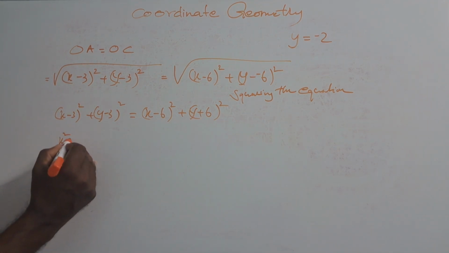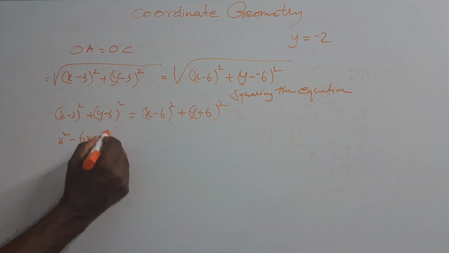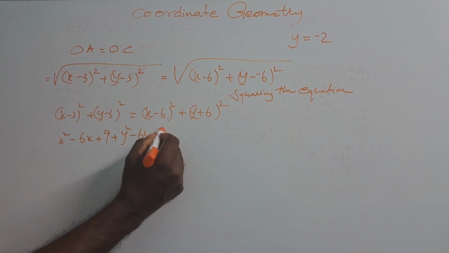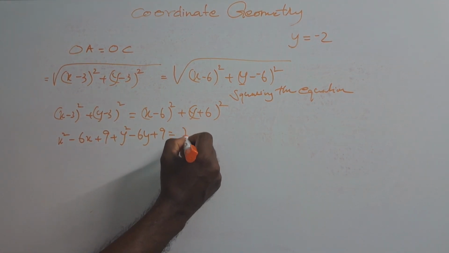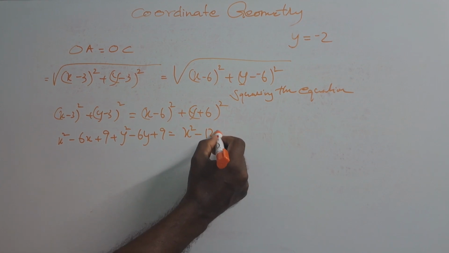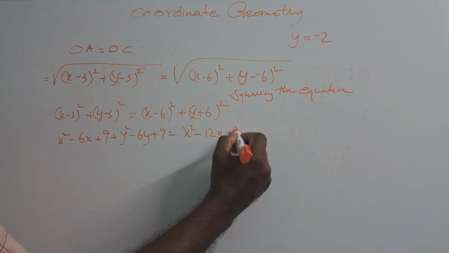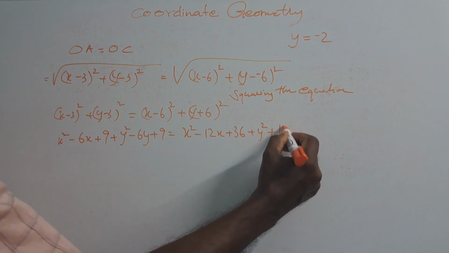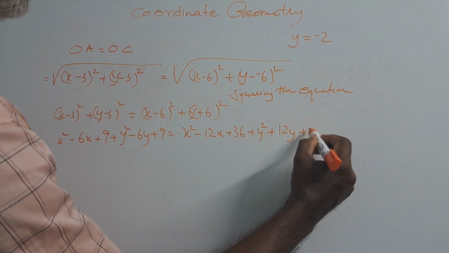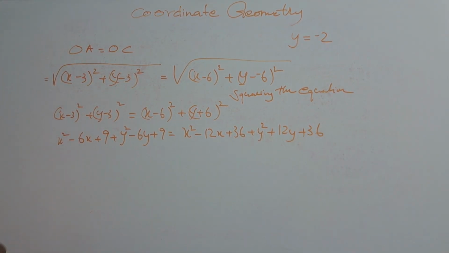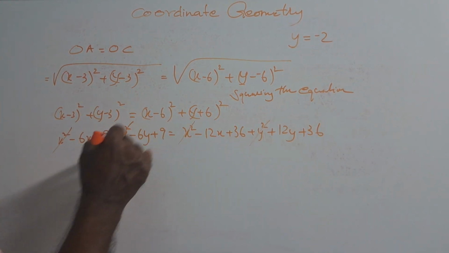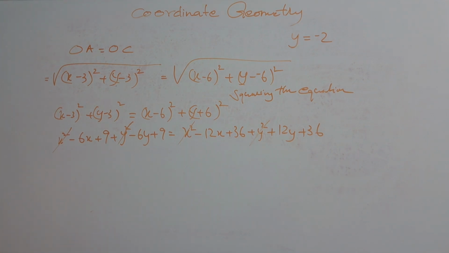X square minus 6x plus 9 plus y square minus 6y plus 9 is equal to x square minus 12x plus 36 plus y square plus 12y plus 36. X square and x square on both sides get cancelled. Similarly, y square and y square get cancelled.